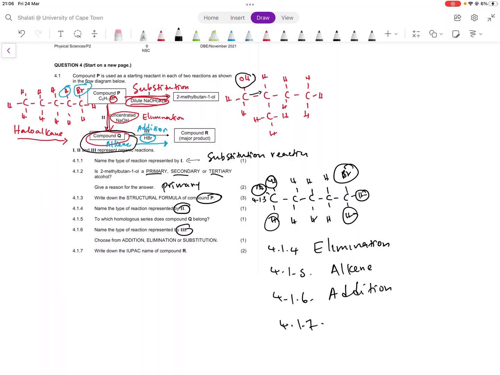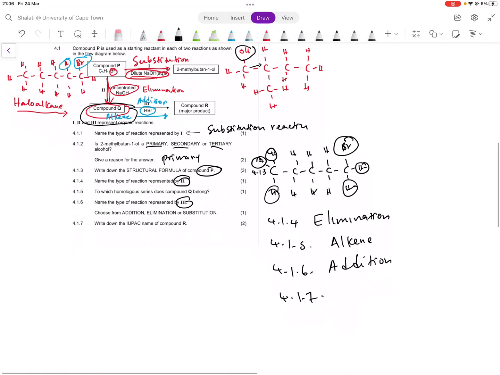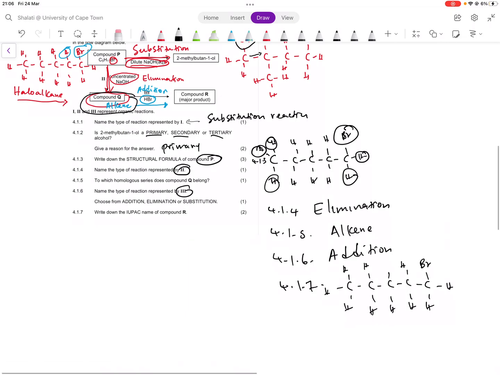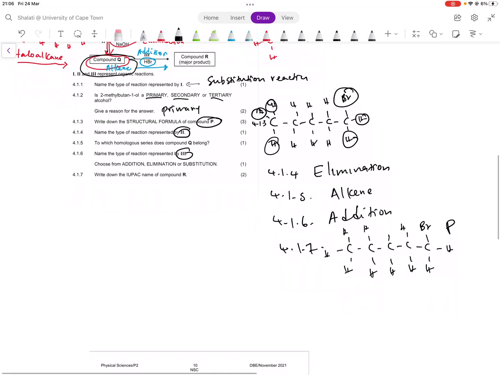So let's see what's going to happen at R. From compound Q, you're forming an alkene, which means you have a pentene. Let me show the whole process. So this is what we start with. This is compound P. We have Br. These are hydrogens. Compound P undergoes elimination.